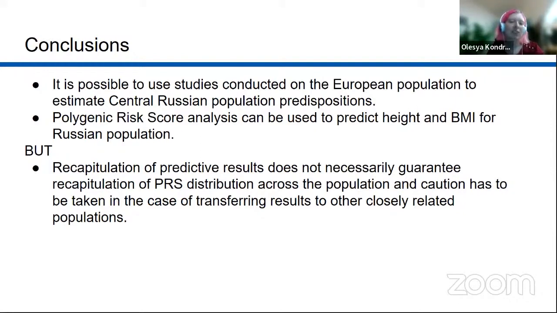But it is worth noting that recapitulation of prediction results does not necessarily guarantee recapitulation of polygenic risk score distribution across the population, and caution has to be taken in the case of transferring results to other closely related populations.